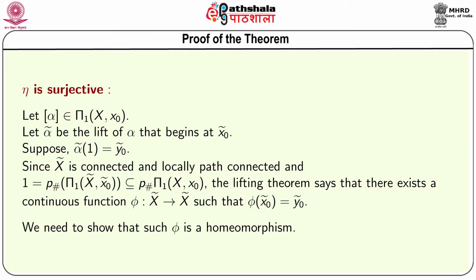Since X tilde is connected and locally path connected, and p sharp of pi 1 of X tilde, x0 tilde is trivial, and that is contained in p sharp of pi 1 of X, x0, the lifting theorem says that there exists a continuous function phi from X tilde to X tilde such that phi of x0 tilde is equal to y0 tilde. We need to show that such phi is a homeomorphism.